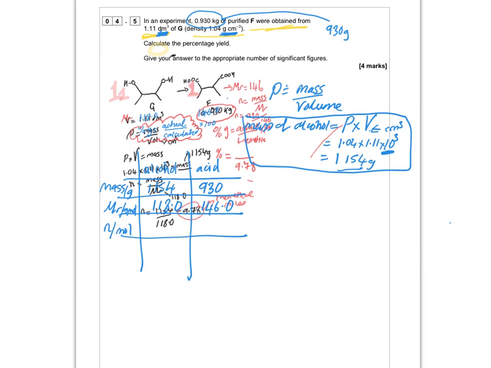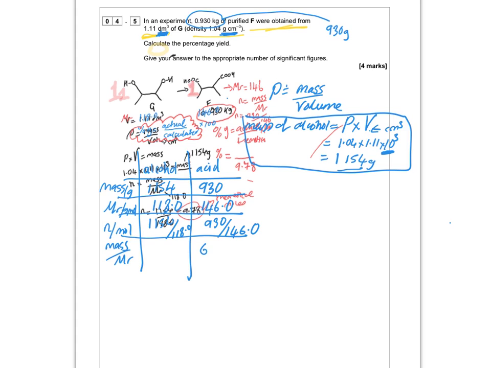And therefore, the number of moles of alcohol that we obtained is mass over MR. Don't forget to tell the examiner you've done mass over MR. It's 1154 over 118. And the moles of the carboxylic acid, mass over MR, is 930 over 146.0.